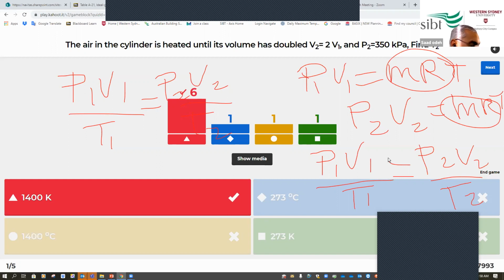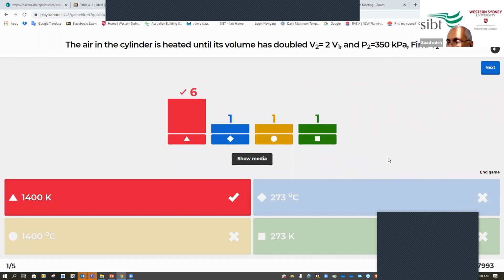The only thing we don't have is T2, so we can solve the equation for T2. Okay, so it's straightforward. Do you need explanation for this step? All clear, sir. Thank you. Okay, so that's the first one.